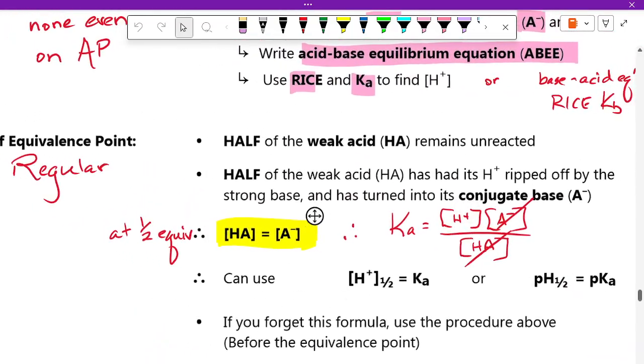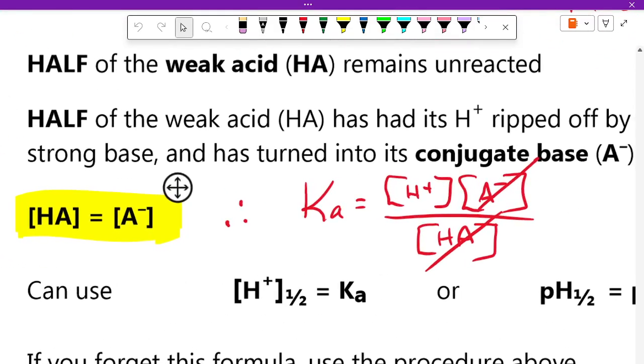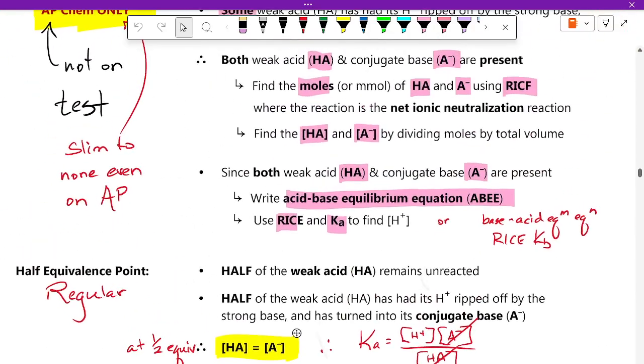I know there will be calculations as well, but if you're doing a calculation at the half equivalence point, it's basically the same calculation as for a buffer that we just talked about this morning, right? Because we have Ka equal to A minus times H plus over HA.